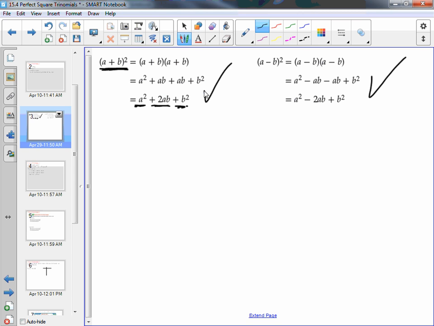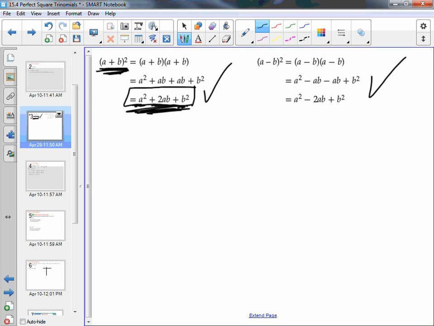So all we're doing is trying to be more efficient at going backwards than actually having to do the AC method. The AC method will work. It will. But by remembering that this came from this, we can make it a one-step problem.